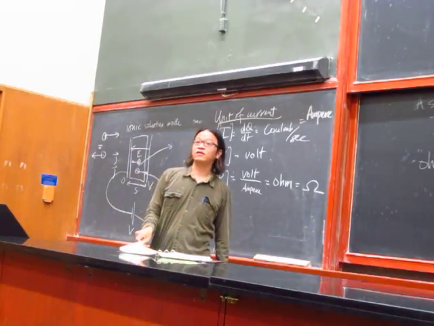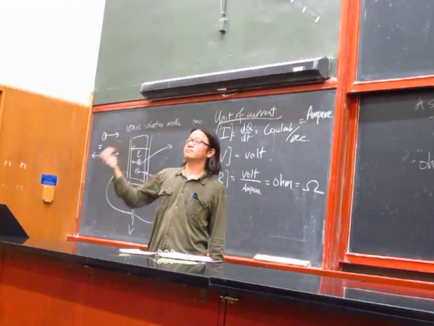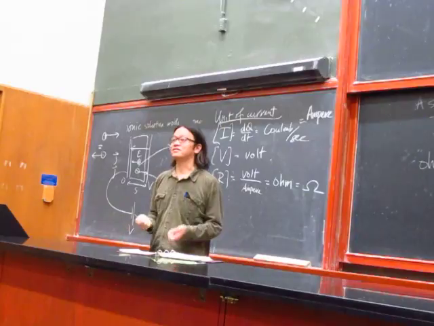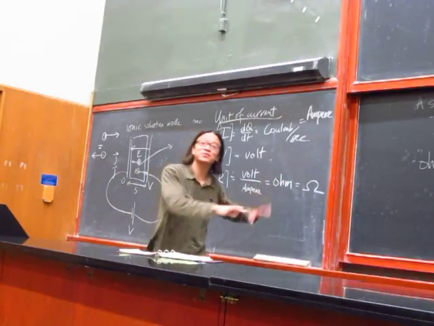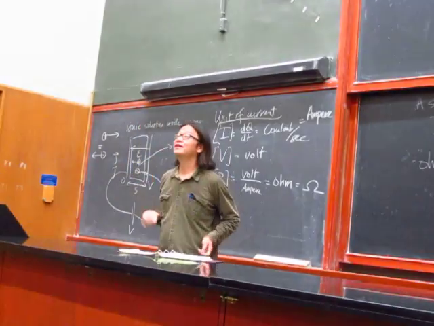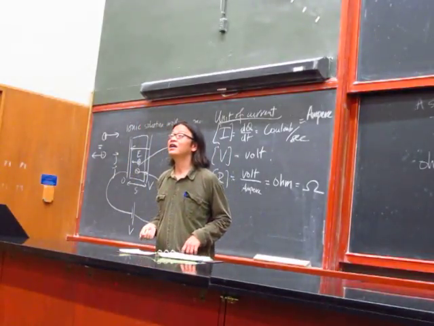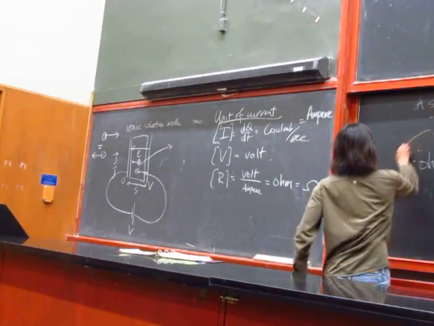Is this clear so far? Any questions? How many of you have done circuits in high school? Okay, so from now on, things will be a bit more familiar. Sorry, what's the difference between J and I? Yes, J is current density.